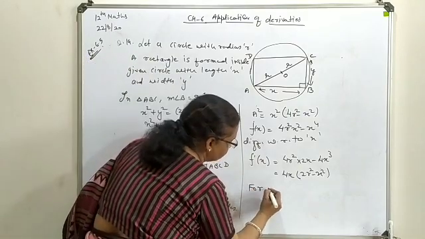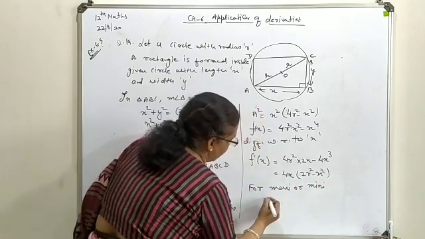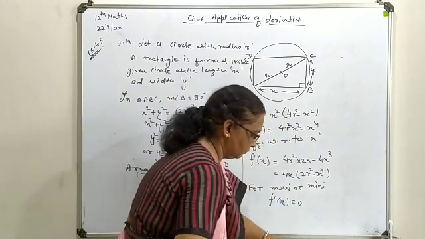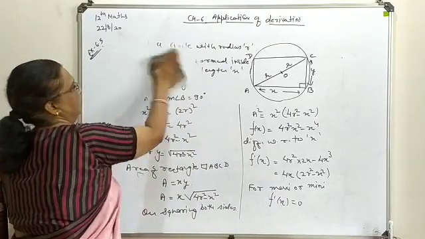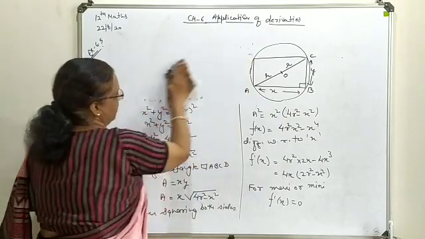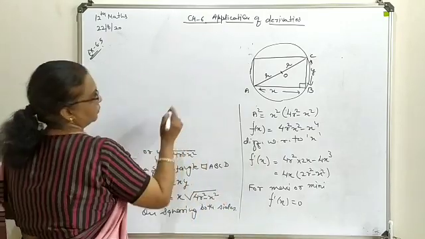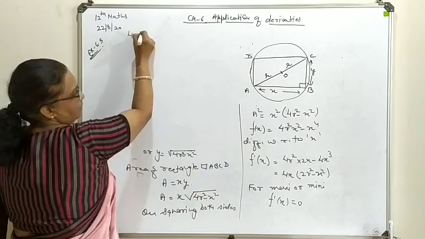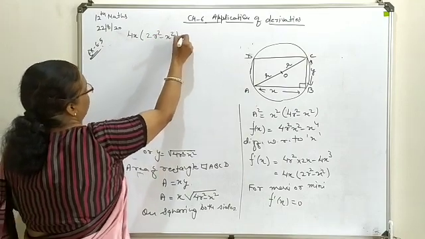Now go for writing the x solutions which are possible. So for maxima or minima, f dash x equals 0. One by one go for comparison and find the possible x solutions. So 4x times 2r square minus x square equals 0.